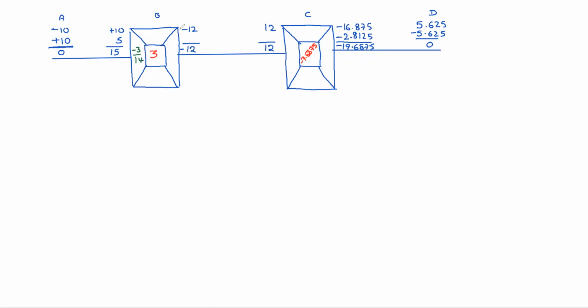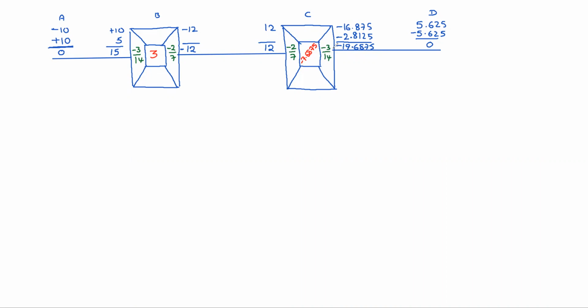BC rotation contribution is minus 2 by 7. CB rotation contribution is minus 2 by 7. CD rotation contribution is minus 3 by 14. These are the rotation contribution. Sorry, not contribution, rotation factors.